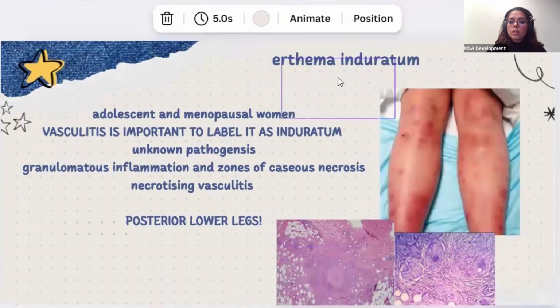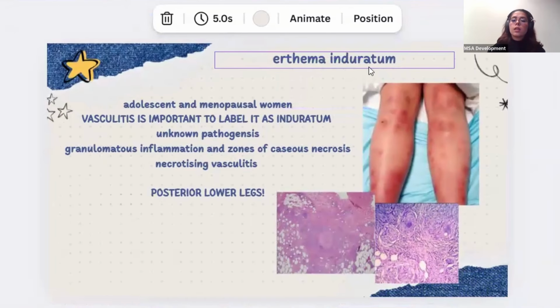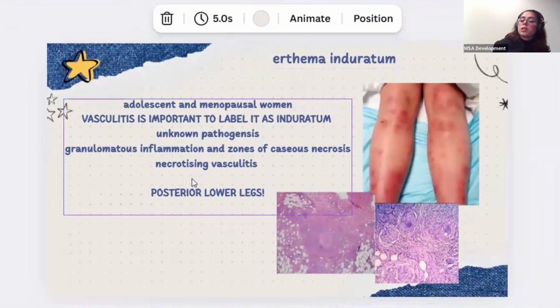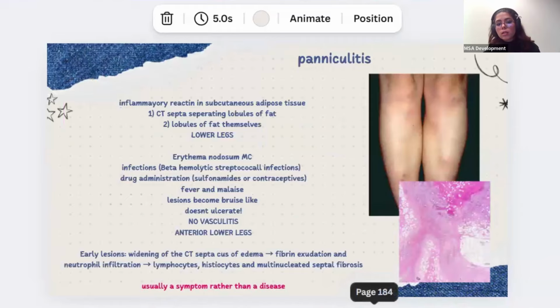Okay. Erythema induratum. It's in the posterior lower legs, and this one has vasculitis. If it has no vasculitis and it's in the anterior, sorry, then it's erythema nodosum.